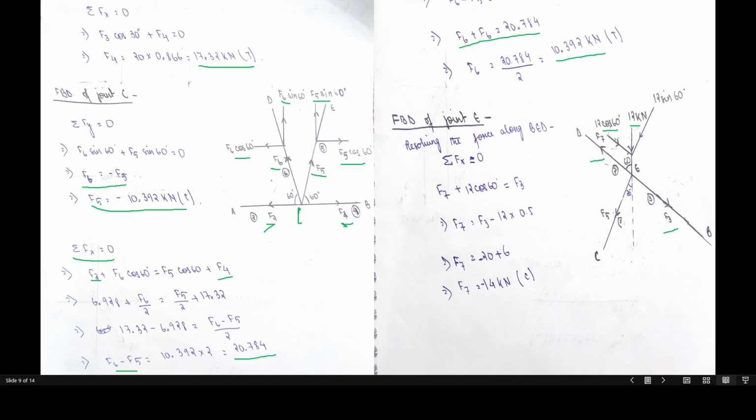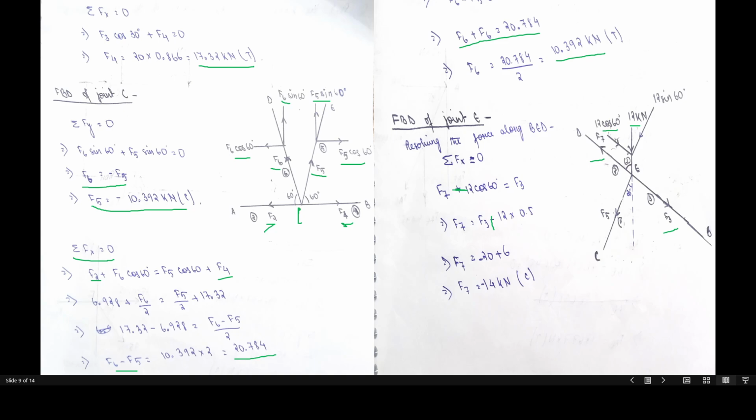Sorry, but there's a bit of calculation error. So F7 and 12 cos 60 are in opposite direction, so it should be minus, and then will be equal to F3. We can write like that. So F7 will be equal to F3 plus 12 cos 60 degree. Cos 60 is half, so we can write it as 0.5.